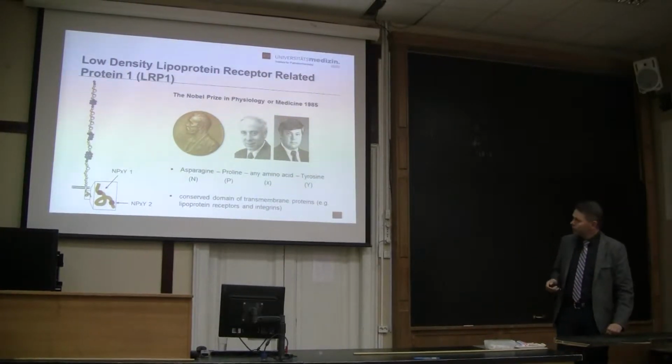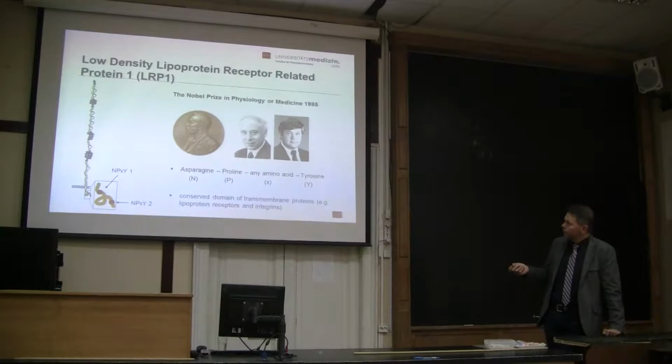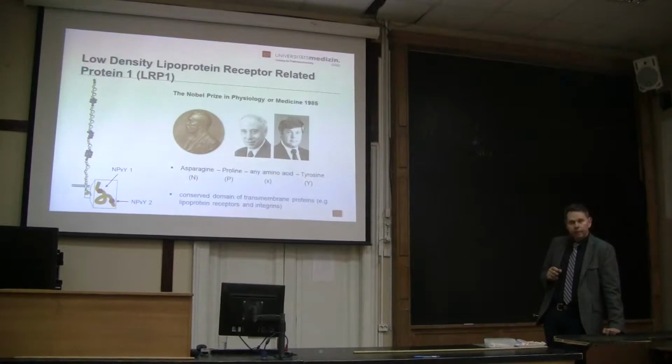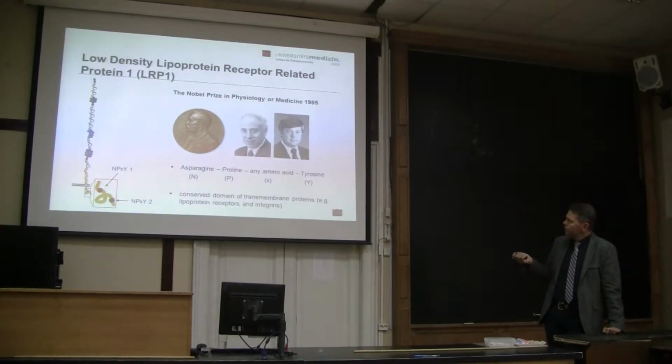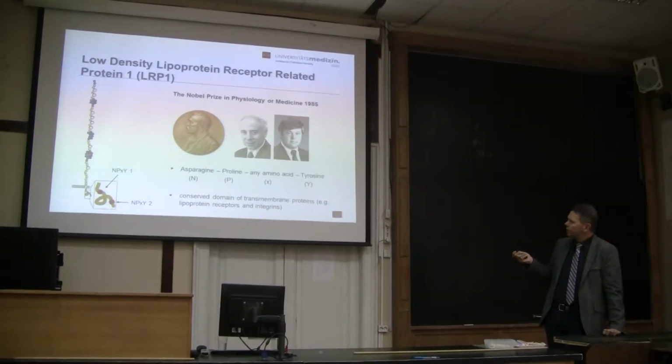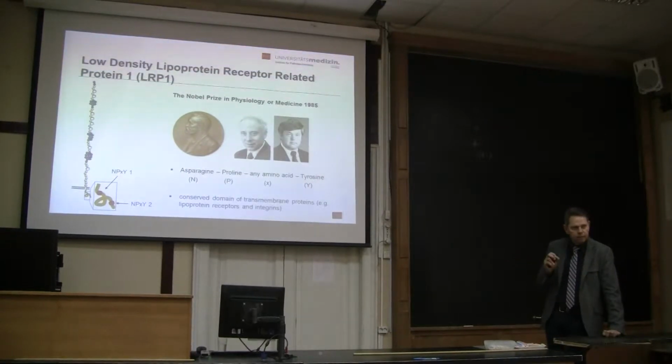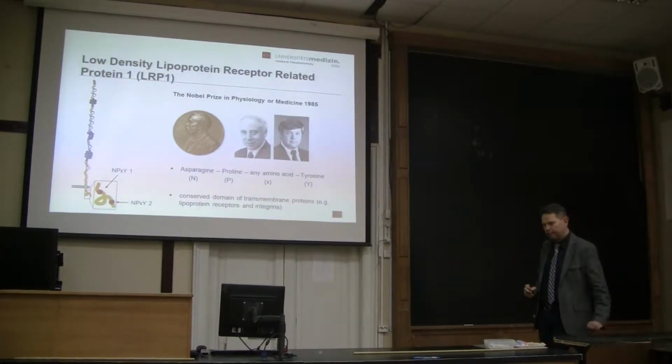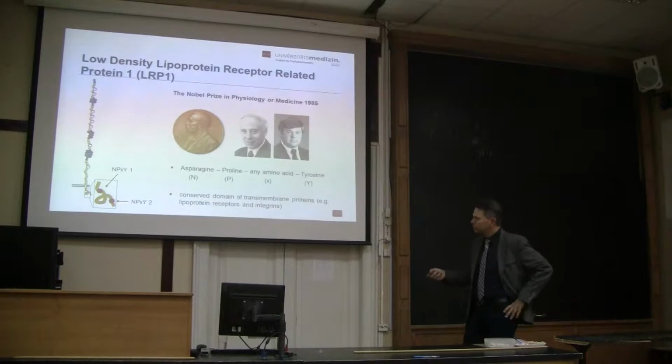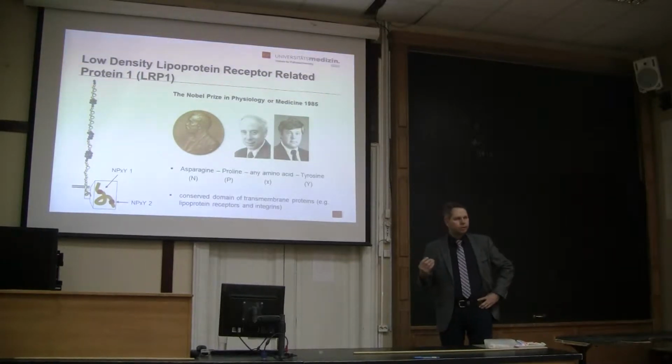The LDL receptors are very well known through the work of Goldstein and Brown. They work in Dallas at the moment, and they received the Nobel Prize for deciphering the NPXY domain: asparagine, proline, any amino acid, tyrosine. These signals in transmembrane proteins are signals for endocytosis.